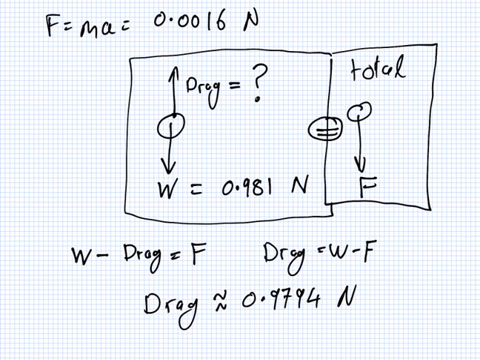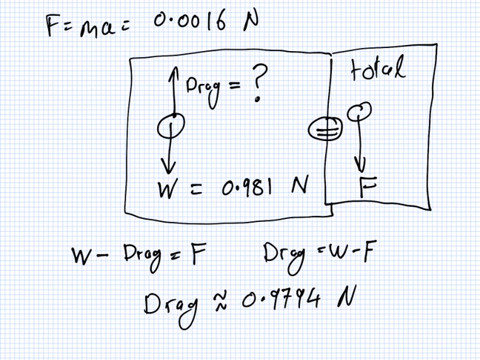Like for example, if I say there's 10 newtons this way, and then I'm pulling back with 7 newtons, then really there's only 3 newtons this way. It's not really a formula, it's more just a natural idea.